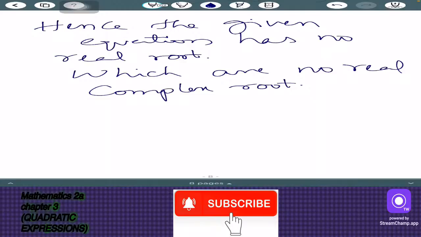There's a question for you now. If I give you a question asking to find the nature of the roots, whether real, imaginary or repeated, can you do that?